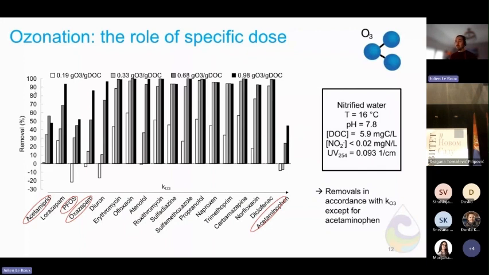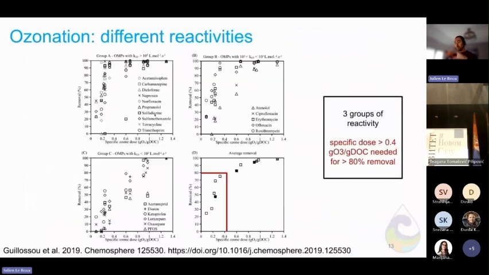And we showed that the specific dose needed to remove 80% of the molecules was at least 0.33 gram of ozone per gram of organic carbon. After this, we grouped the molecules in different groups of reactivities.